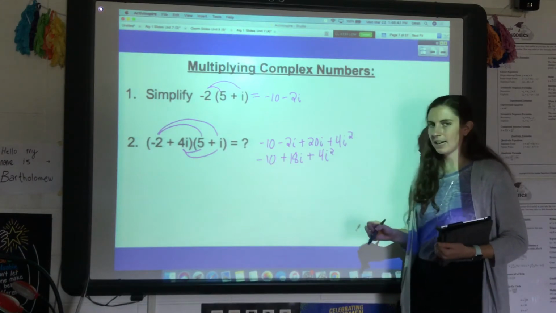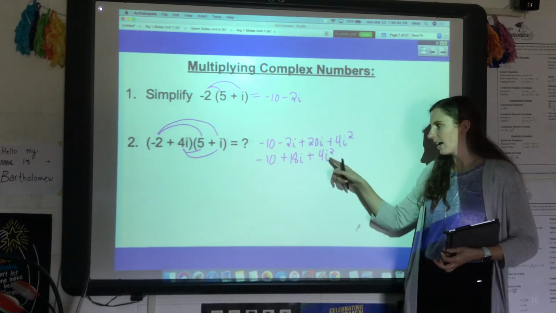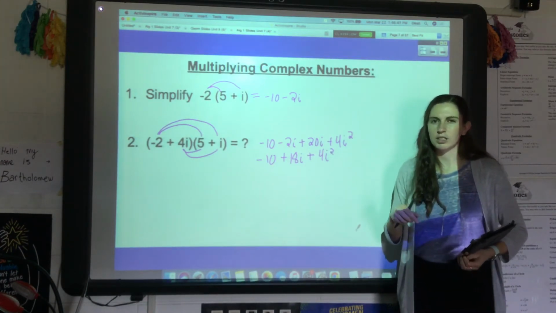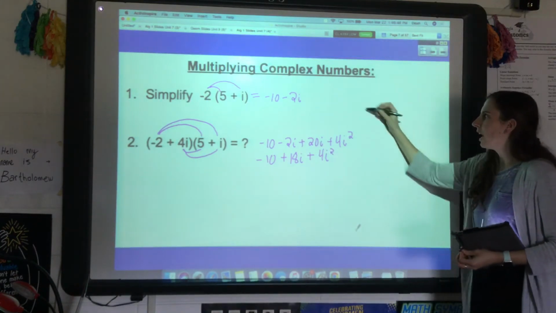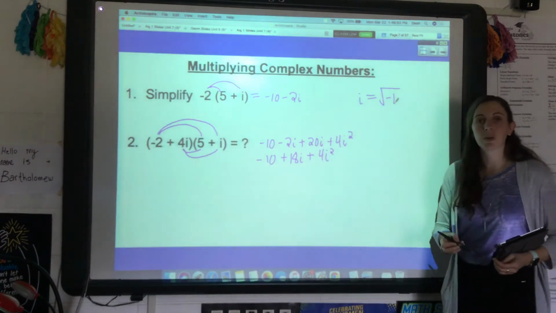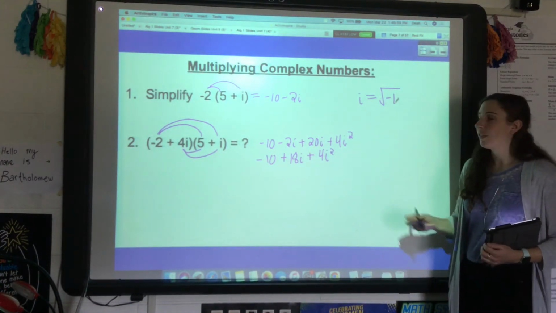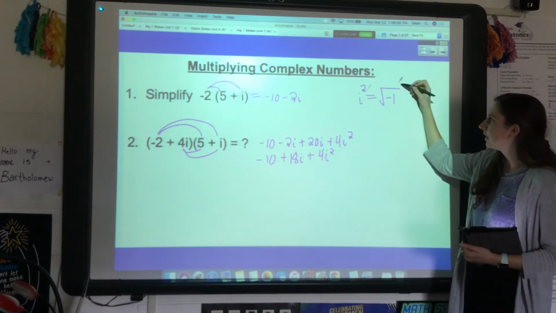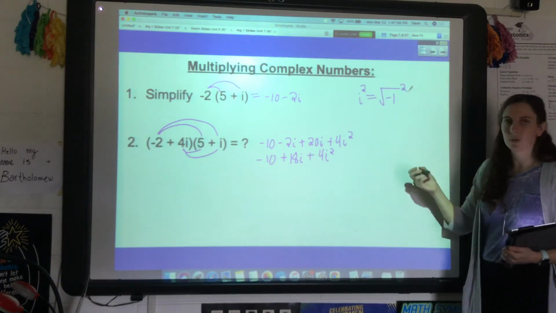The last thing that I need to do is actually, this i squared is kind of interesting because remember, i is, by definition, the square root of -1. If I square it, what do I get?